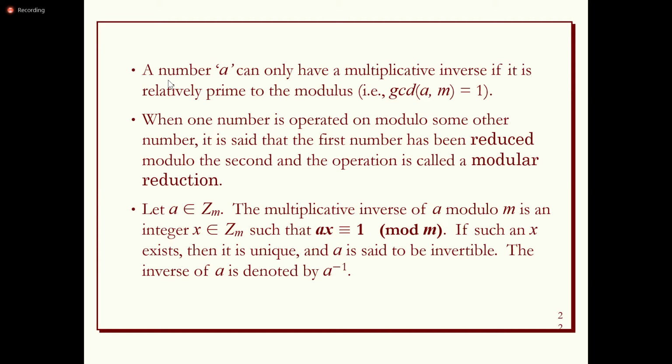In the first question, the multiplicative inverse of 5 in mod 9, we first find the GCD of 5 and 9. GCD of 5 and 9 is 1, so obviously 5 will have the multiplicative inverse.